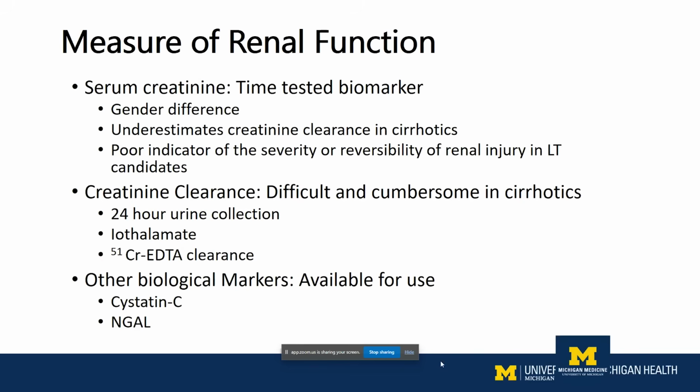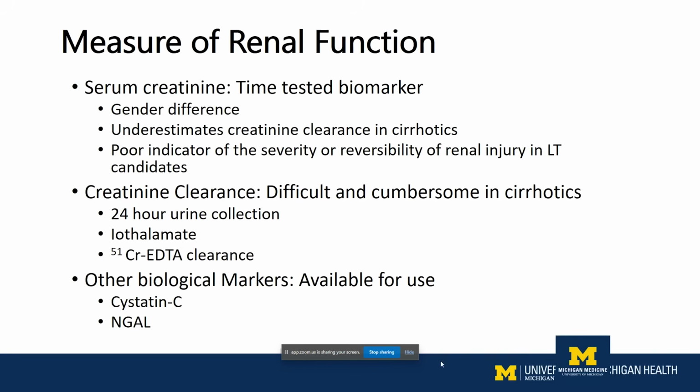There are various measures of renal function. We all know about serum creatinine, which is a time-tested biomarker. However, it is fraught by gender differences. It also underestimates creatinine clearance in patients with cirrhosis. It's also a poor indicator of severity and does not predict the reversibility of renal injury in patients with cirrhosis who are liver transplant candidates.